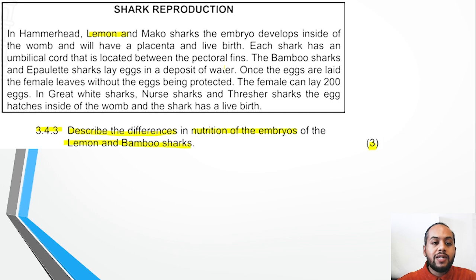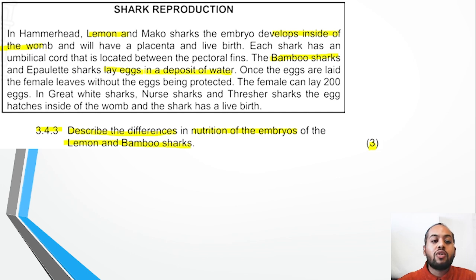So you can see that the lemon shark develops inside the womb. But the bamboo sharks and epaulet sharks lay eggs in a deposit of water. That means that the lemon shark is going to obtain his nutrition from the womb through the placenta.